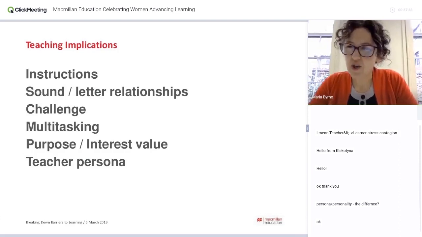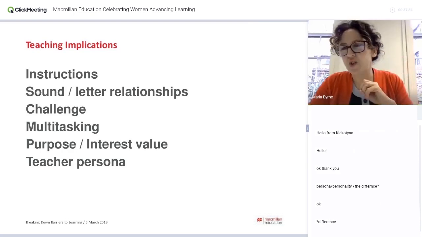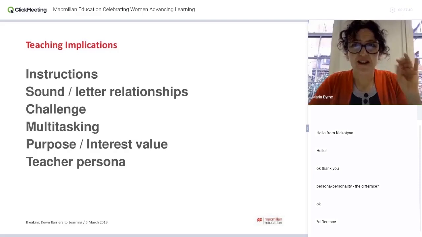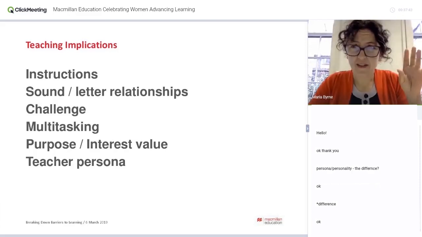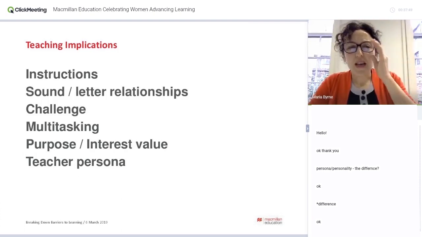Another area is sound-letter relationships. A lot of students have problems with sound-letter relationships, especially when learning English, because our spelling system doesn't make any sense quite a lot of the time.